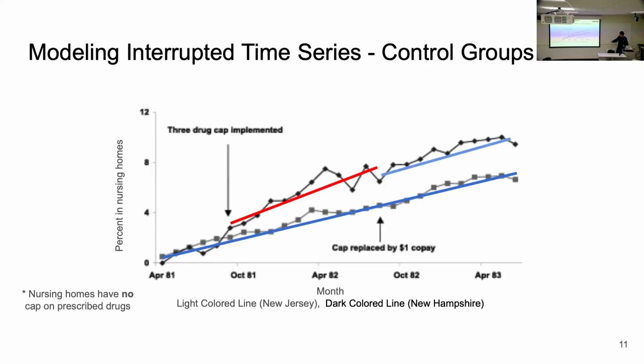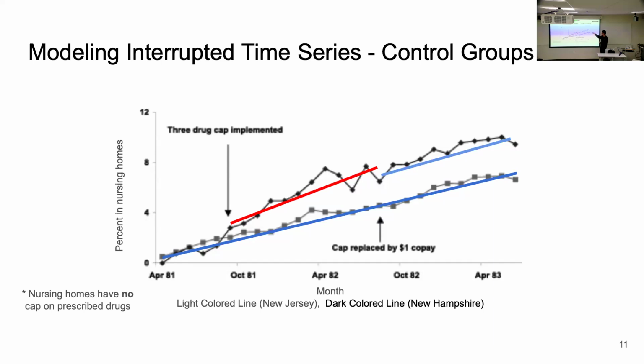We see that after the 3 drug cap was implemented, the slope after intervention, illustrated by the red line here, is higher than the blue line at the bottom when compared to the control group, because nursing homes have no caps on prescription drugs, or they have alternative explanations, such as people have bigger issues when they can't get enough prescription drugs and they have to go into nursing homes or something like that.